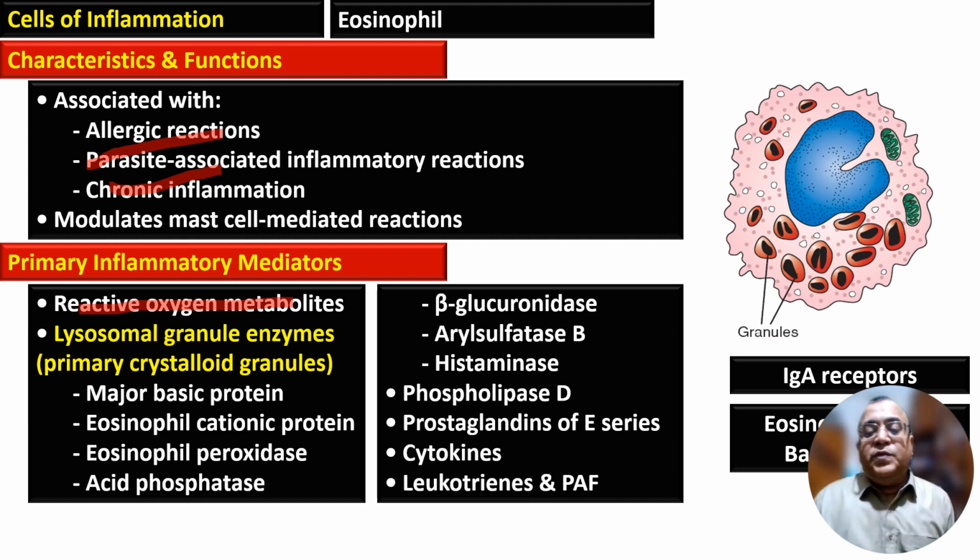They also contain phospholipase D, prostaglandins of the E series, various cytokines, leukotrienes, and platelet activating factor. They express IgA receptors and major basic protein. Both of these are associated with parasite associated inflammatory reactions.